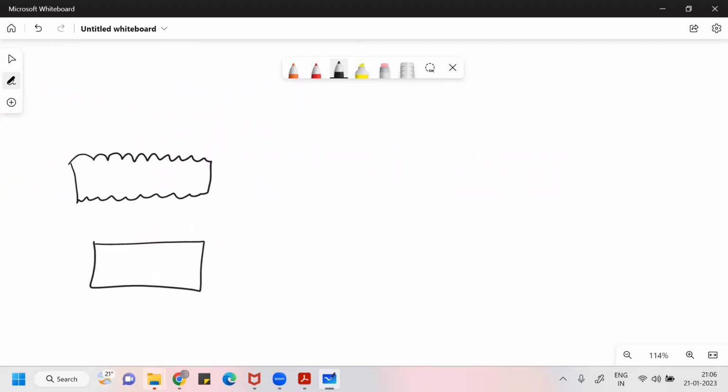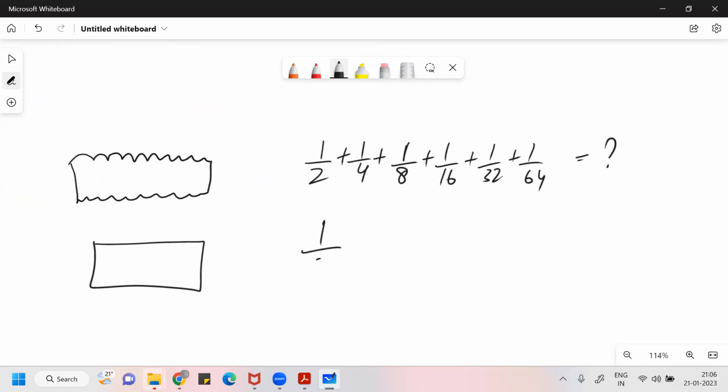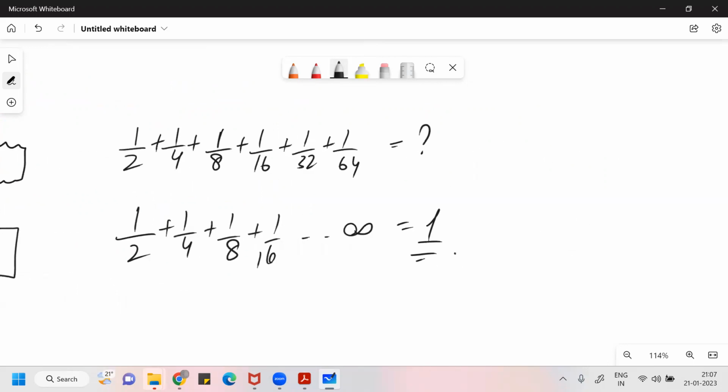Maybe if I ask you what is 1 by 2 plus 1 by 4 plus 1 by 8 plus 1 by 16 plus 1 by 32 plus 1 by 64, maybe this would be difficult work to do. But if I ask you 1 by 2 plus 1 by 4 plus 1 by 8 plus 1 by 16 till infinity, you know this sum would be equal to 1. You know the GP, sum of infinite terms in GP, a by 1 minus r. This you can do by 1 minus 1 by 2 to the power n. So this would be 63 by 64.